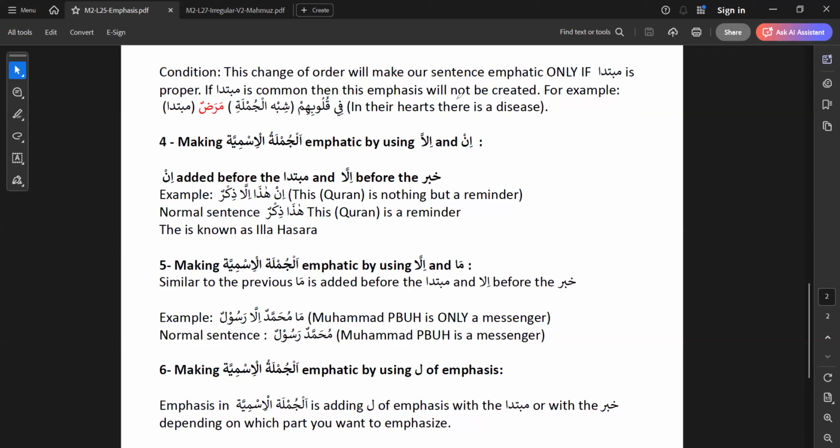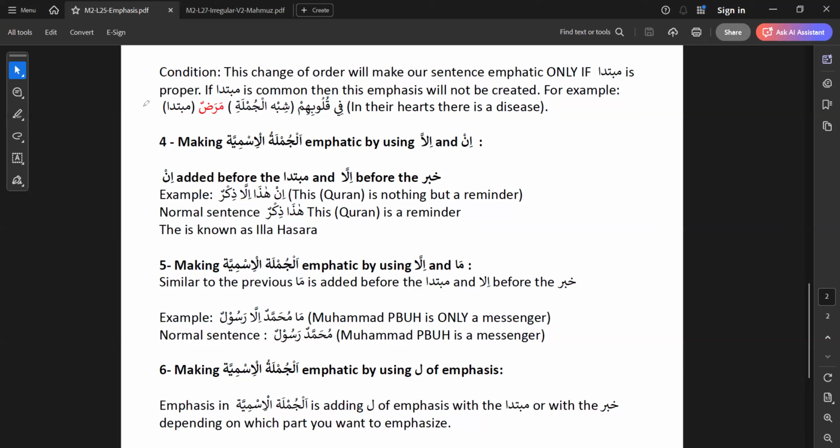Now, if there is a mustasna and it is in mansub, this will be one of the top 2, either positive statement or negative statement. But if it is illa hasara, its evidence is that the mustasna, zikrun, will not be in mansub.